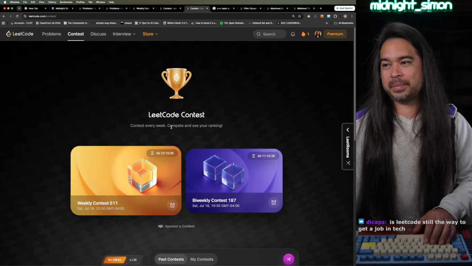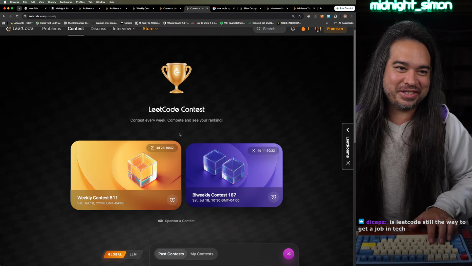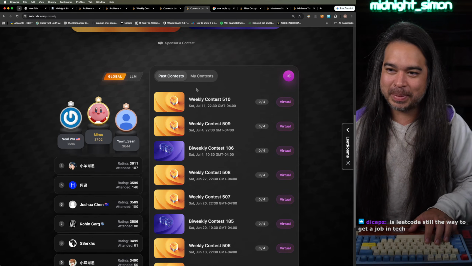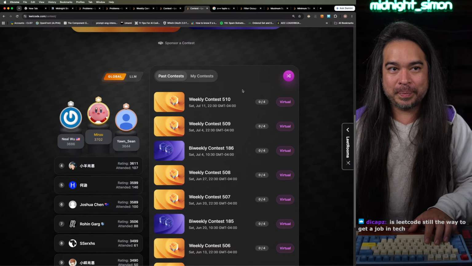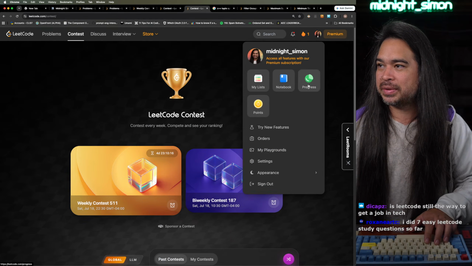Alright. I got 40 minutes left. I don't know if I got the focus and attention span to do much more though. Wait, top right in progress.